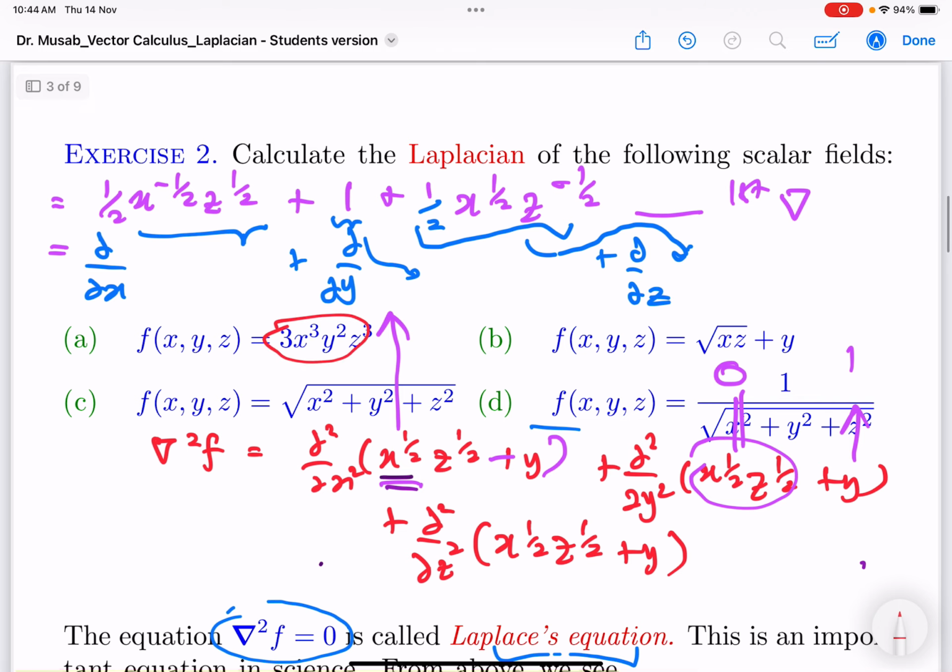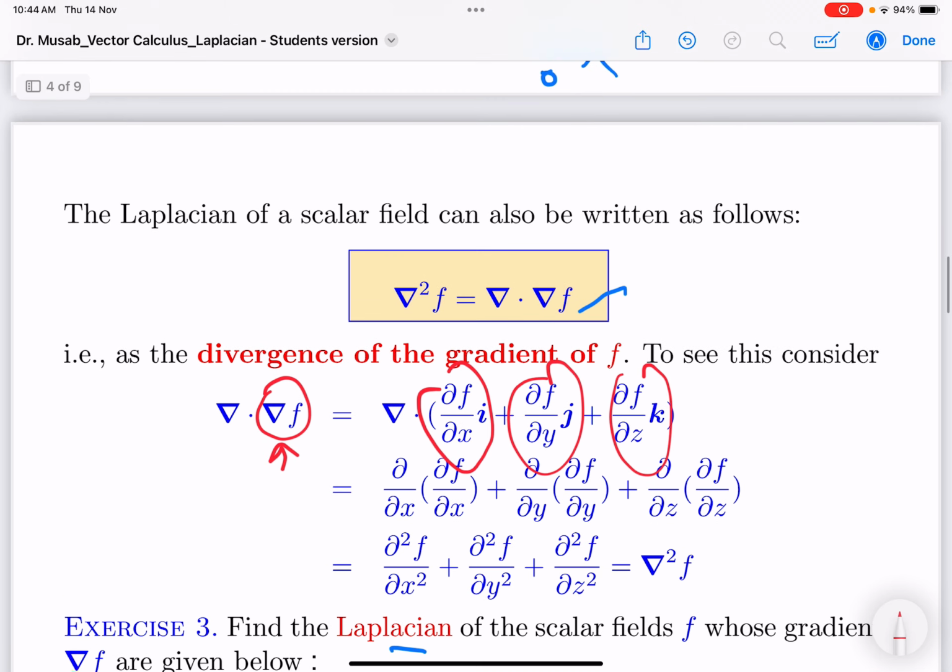For the divergence case, it is given in vector form, so you are supposed to use this on each component: i, j, and k.